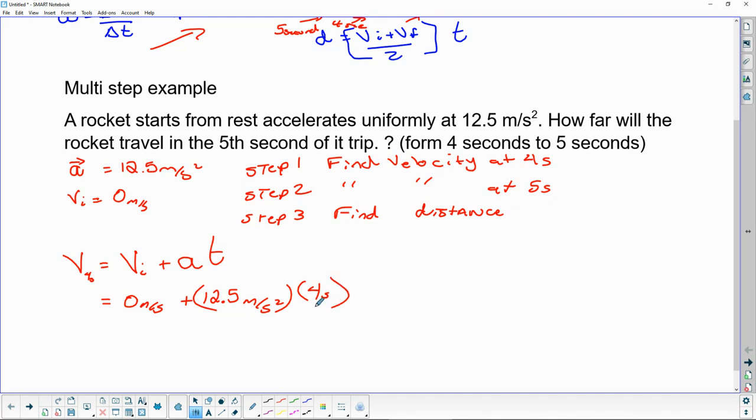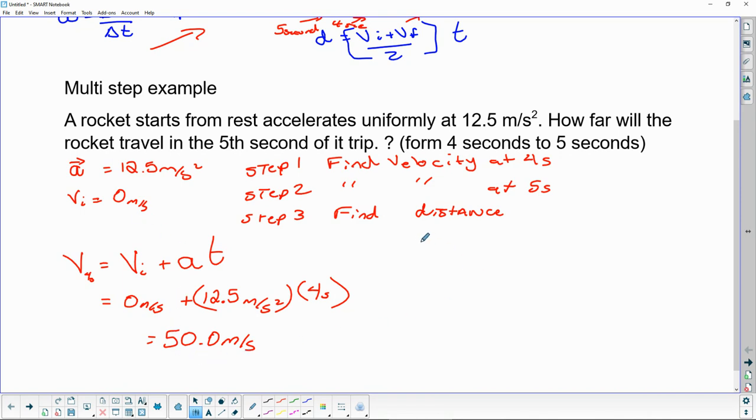We just multiply those two numbers together to get 50 meters a second. So after 4 seconds of accelerating, we're going 50.0 meters per second. Why am I putting 0.0? Because I want 3 significant figures. Okay, this is after 4 seconds.